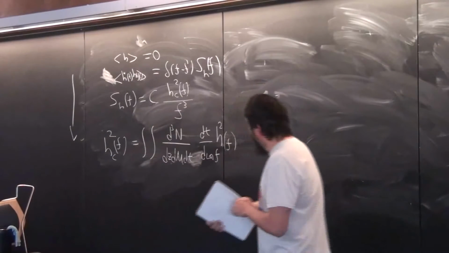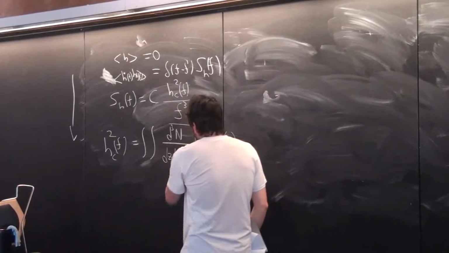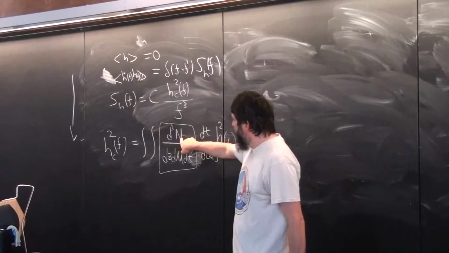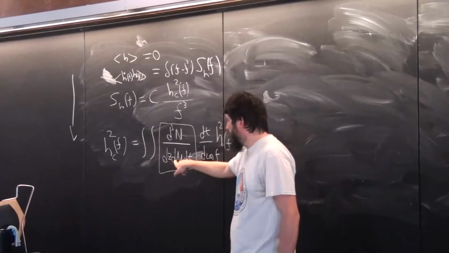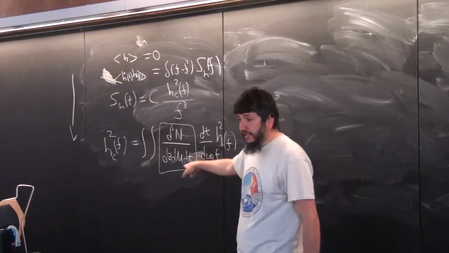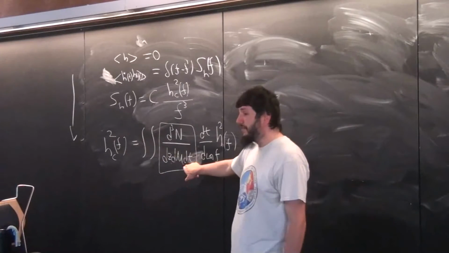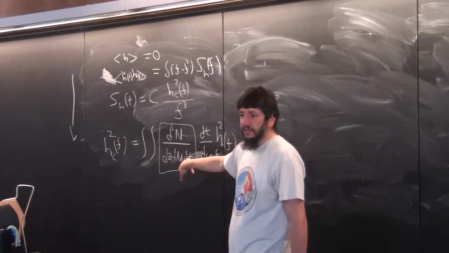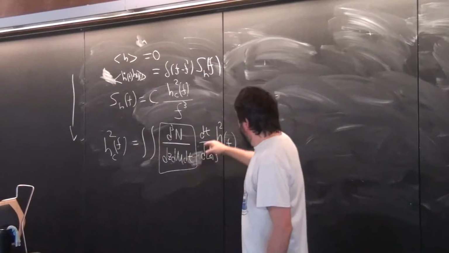Now this is very useful computationally, because this is the number of mergers in the universe per unit redshift, unit chirp mass, unit time. And if you have a cosmological simulation or a merger tree or whatever, you can very easily count this from your simulation. So this is an input that is easy to get from whatever model you have.